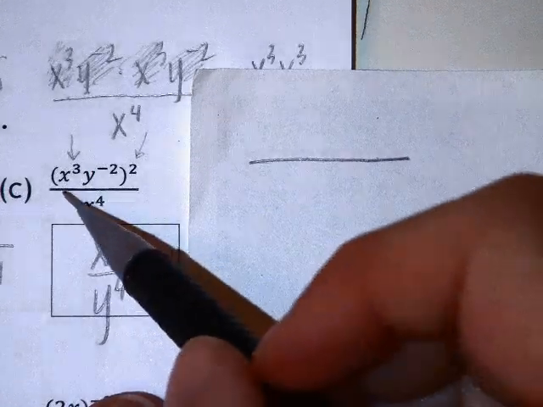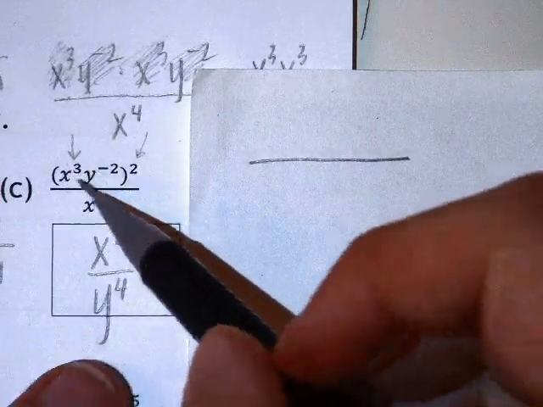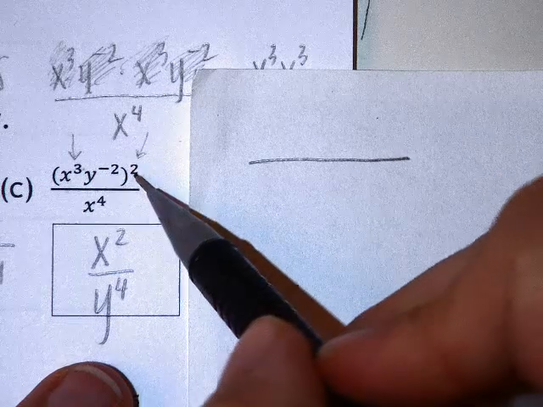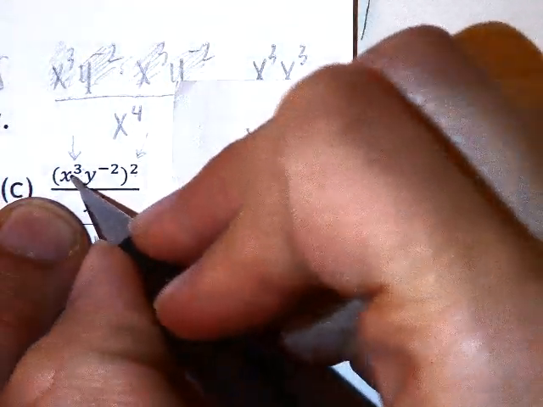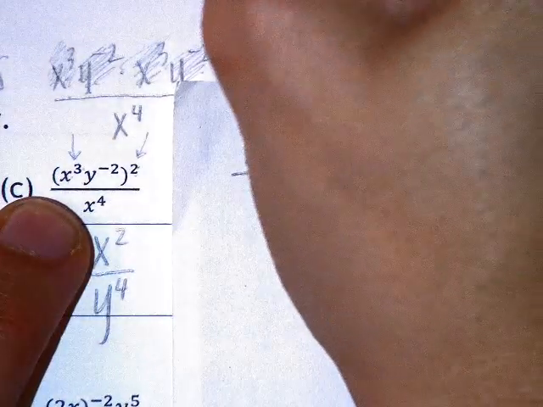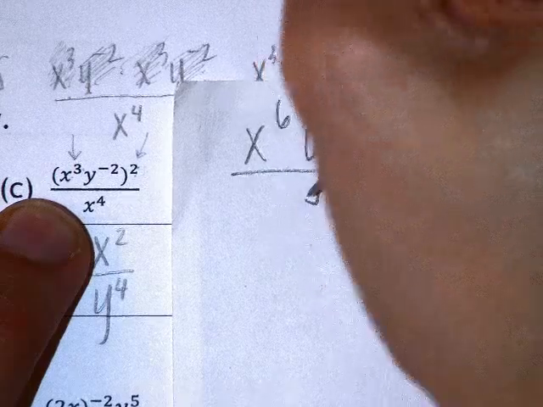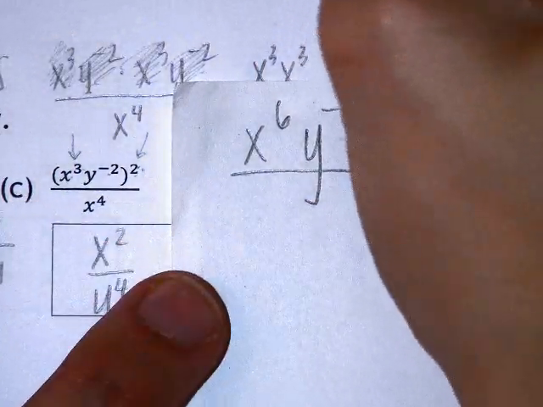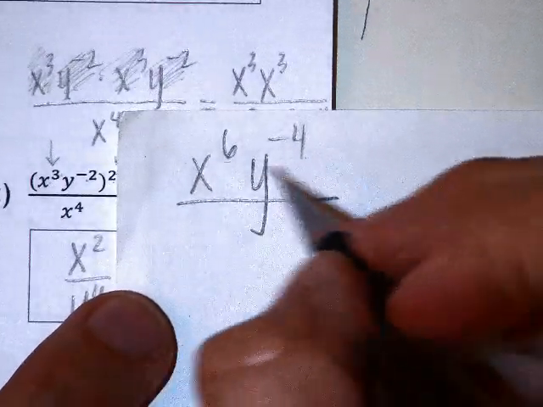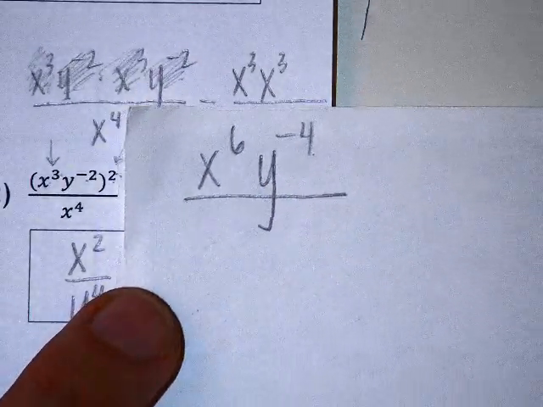When I have inside powers and outside powers, I can multiply the inside times the outside power. So x to the power of 3 times 2 outside would be 6. And y to the power of negative 2 times 2 would be negative 4. And that clears the parentheses off the top.